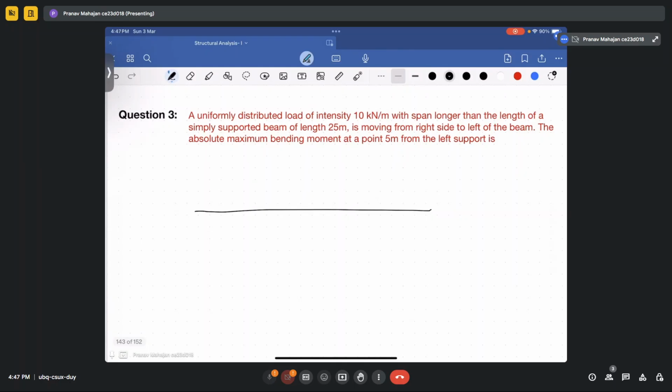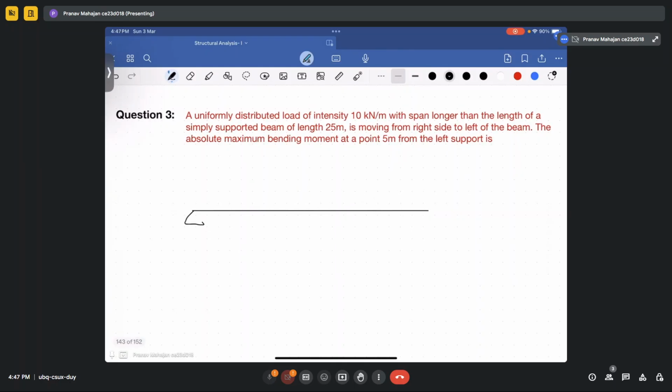Suppose this is our beam of length 25 meter, and it is subjected to a uniformly distributed load over the whole span.